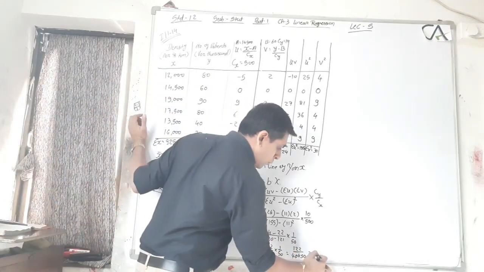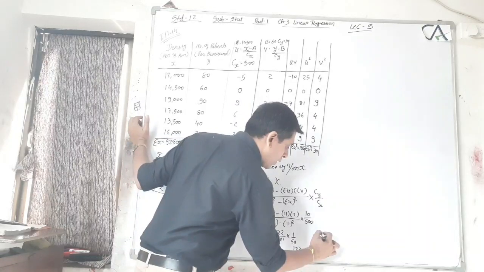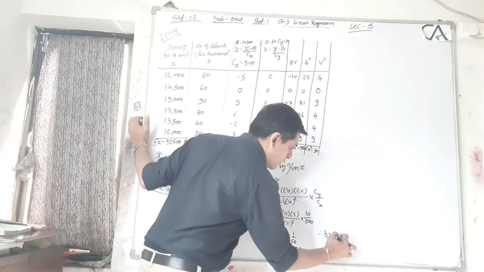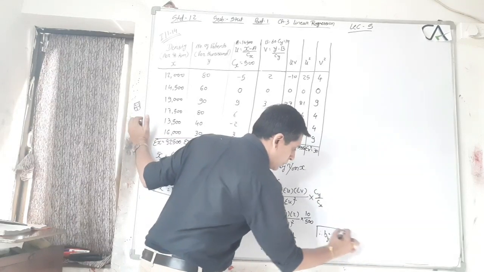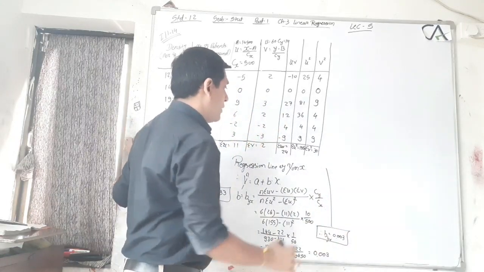Okay, 0.003 is your answer. That's why here we can write b is equal to, or byx is equal to 0.003. Now you have to find out a.